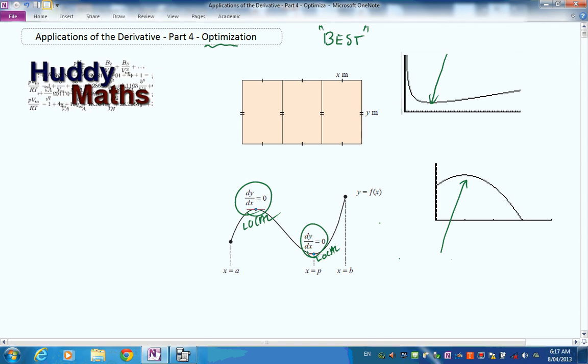This is an exciting application because we're doing something practical with our calculus. And the important thing to realise, though, in a practical problem, we will be able to say how far to left and right we can go with x's, or the domain. So you can see in this graph here, if we're allowed to go out as high as x equals b, you actually do get a y value which beats this local effect.